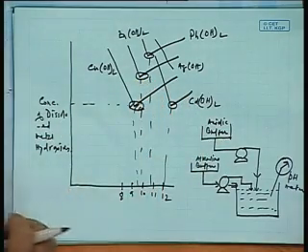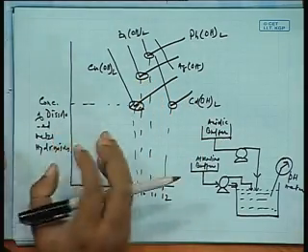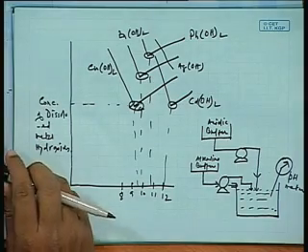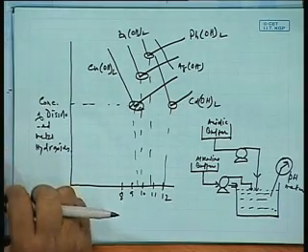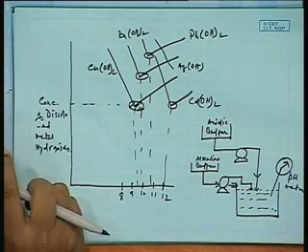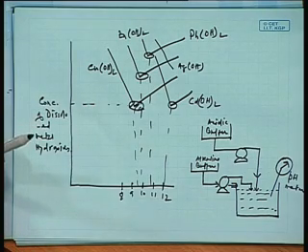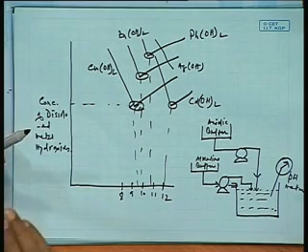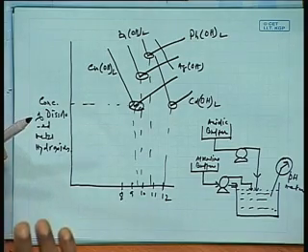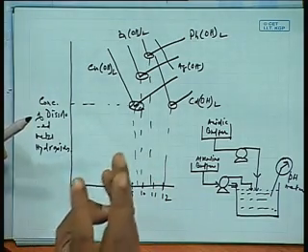Suppose we consider metal mining waste. The typical wastes we have are lead, cadmium, copper and chromium.